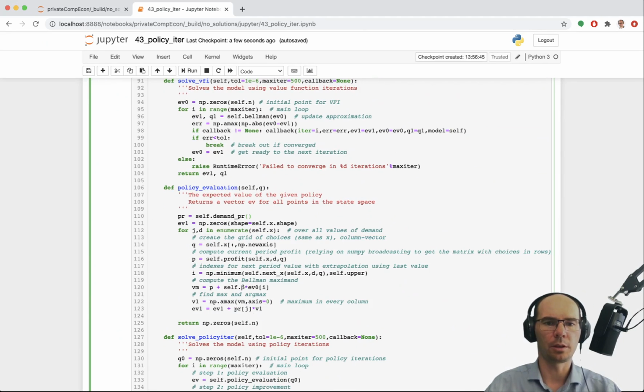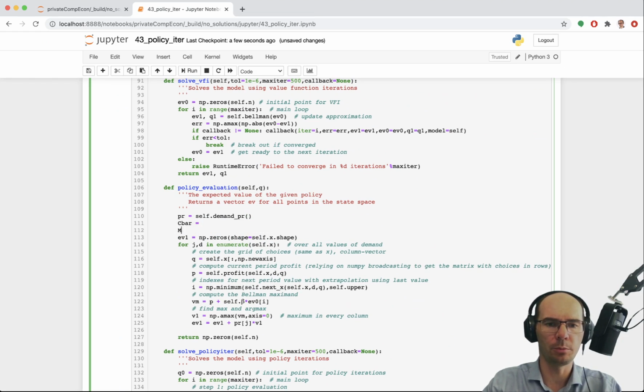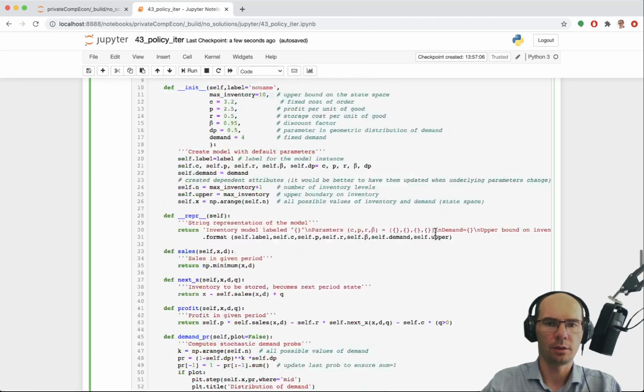So PR is going to be self demand of demand PR. These are the probabilities for different levels of demand. We need to calculate the C bar for different demand level, the M bar for different demand level, and let's initialize these.